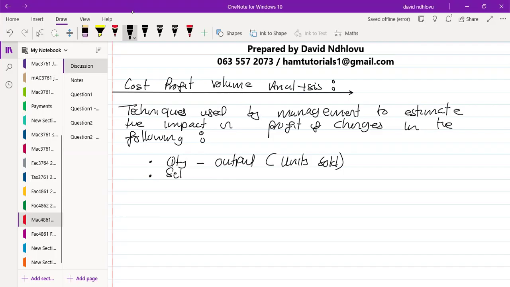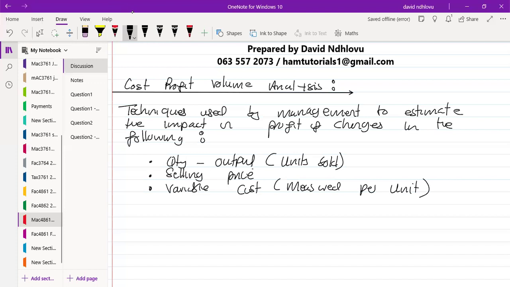Then we have the selling price. We also have variable costs, usually measured per unit here. And then we have the fixed costs, which are usually measured in total.